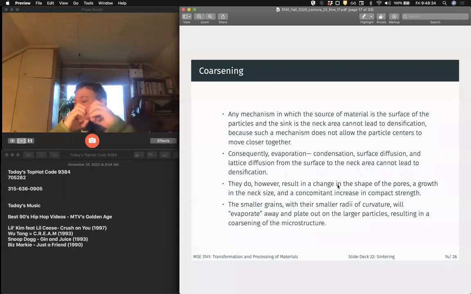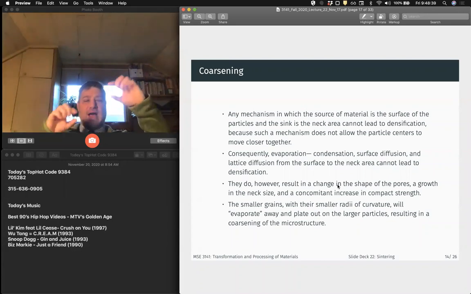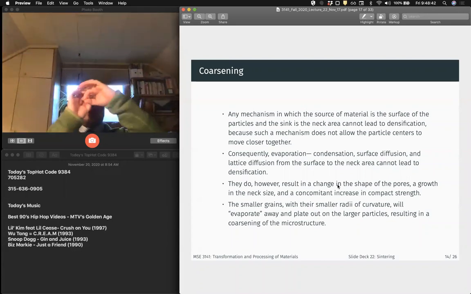If I have two spheres that are touching and I just go from the surface down, I'm not moving the center of mass of these particles closer together.